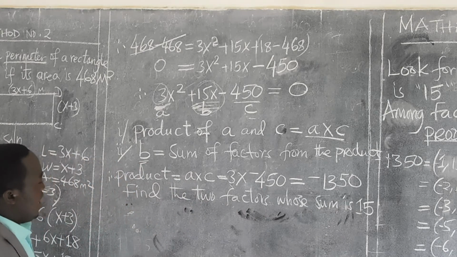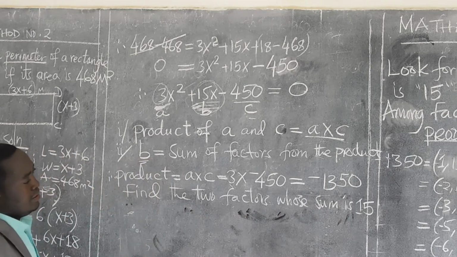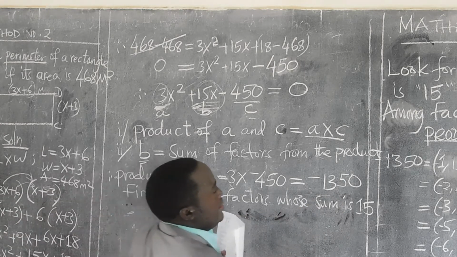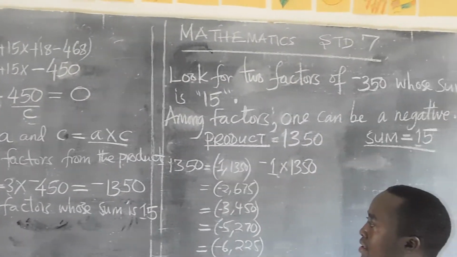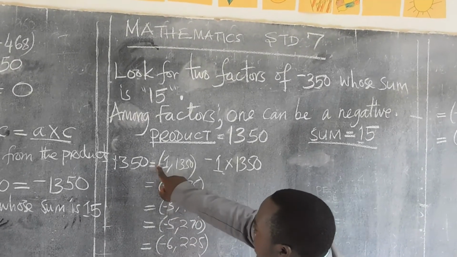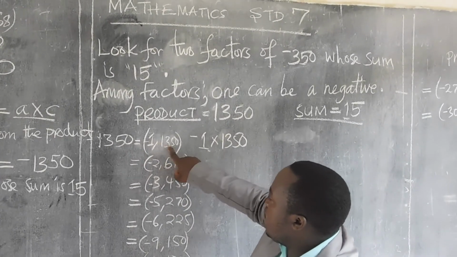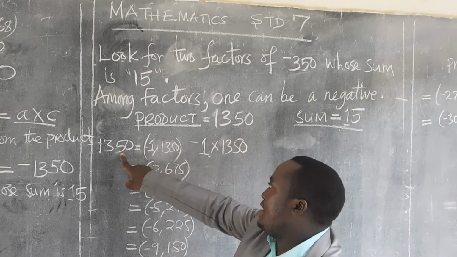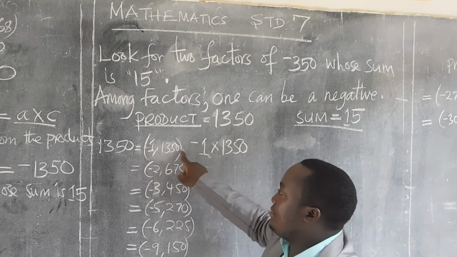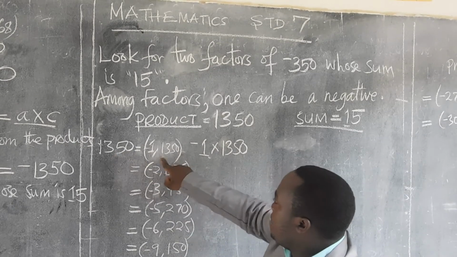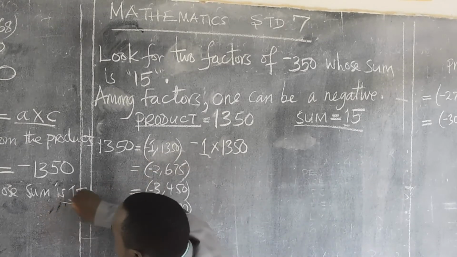We have many ways of getting factors of a number. This is an example of how to get the factors of a number. You can say 1 times what gives this number. As you see here, 1 times 1,350 gives that. So this is a set of two factors that, once you multiply them, you get this. But we have to ask, if I add these, do I get the sum 15?